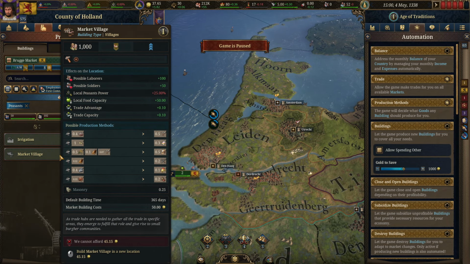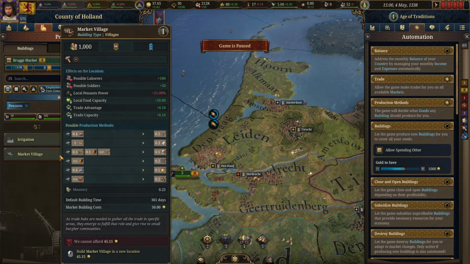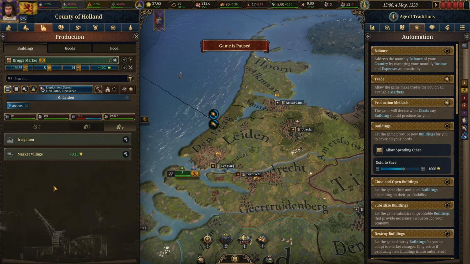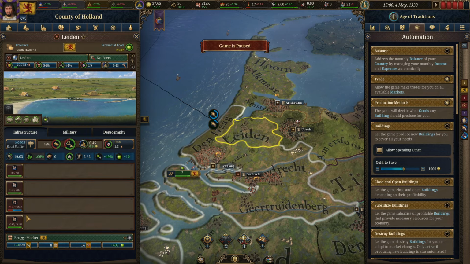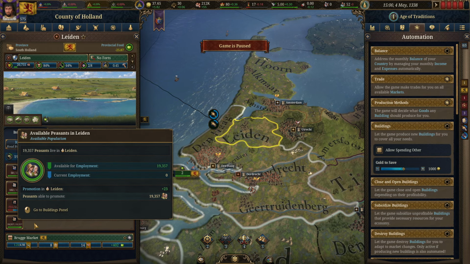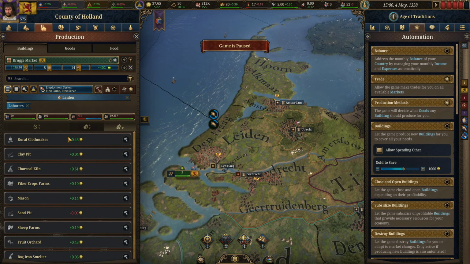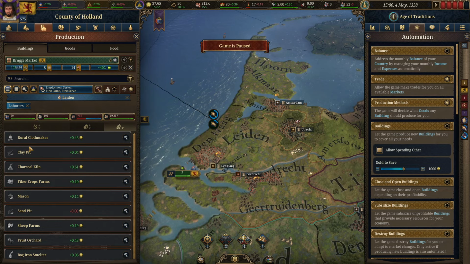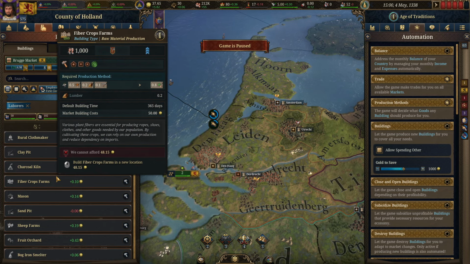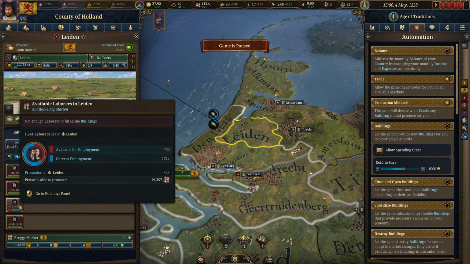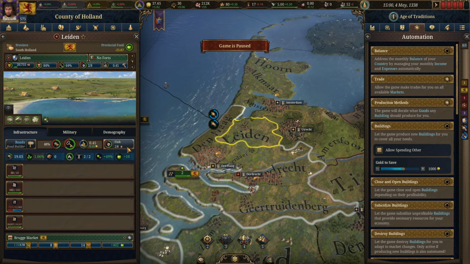If we were now building a market village, the 1,000 people necessary would be pretty much immediately employed, because we have 19,000 people looking for a place to work, because right now they're earning less money than they would there. If we were now building something that requires laborers, all of these buildings also require 1,000 laborers, we'd have the problem that we have a net negative of 755 people because we want to fill up the RGO as well.